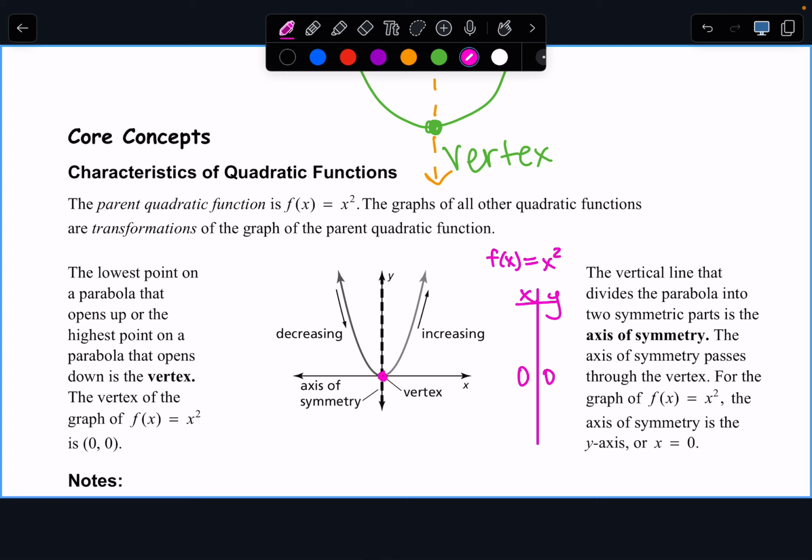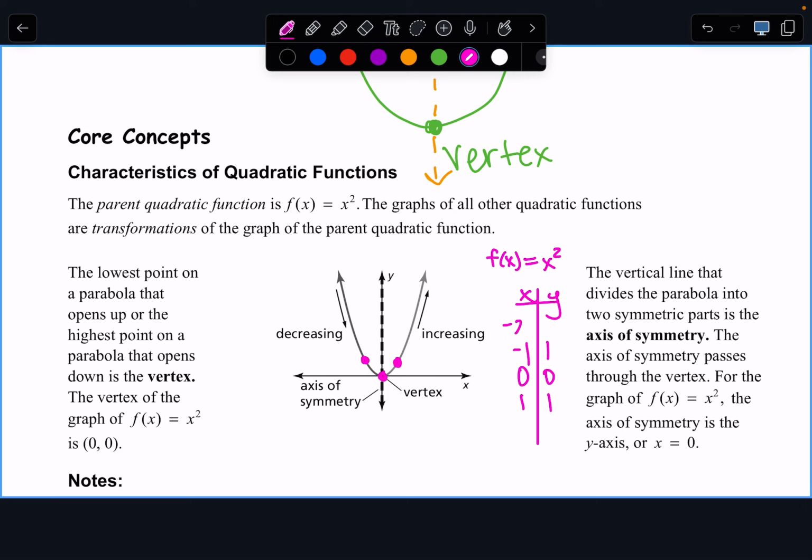Okay, that's where our vertex is for y equals x squared. What is negative 1 squared? 1. What is 1 squared? 1. Okay. So you see we have that symmetry.